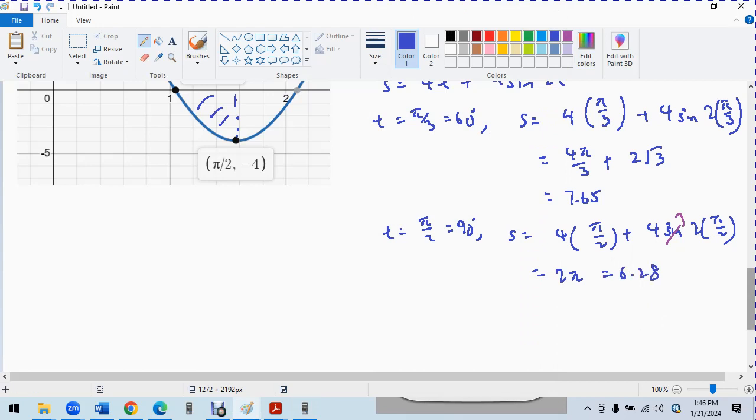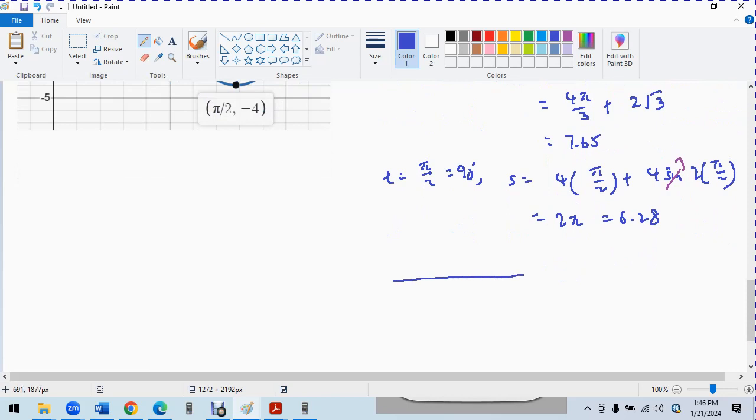So what happened here is when time equals 0, s is at 0, then it goes to 7.65, and then it goes back to 6.28.